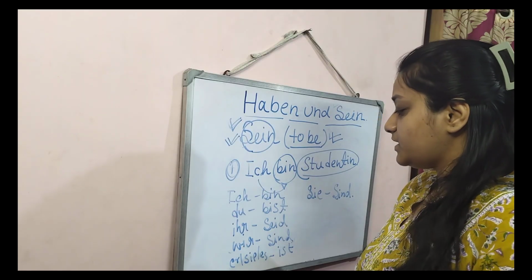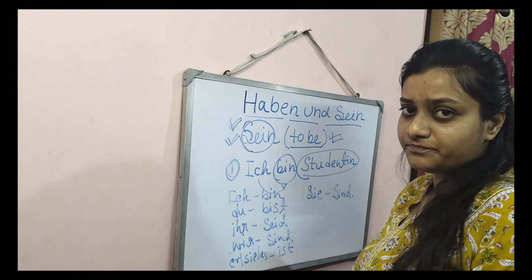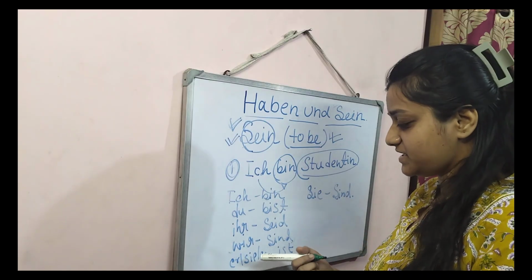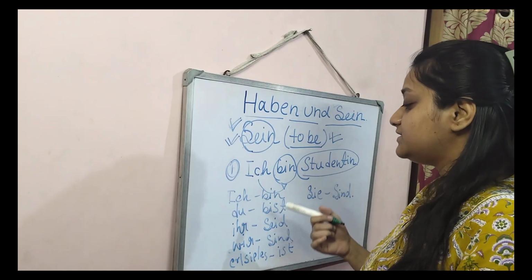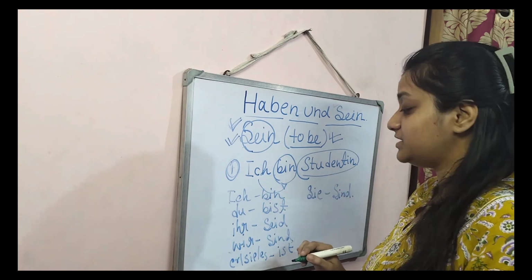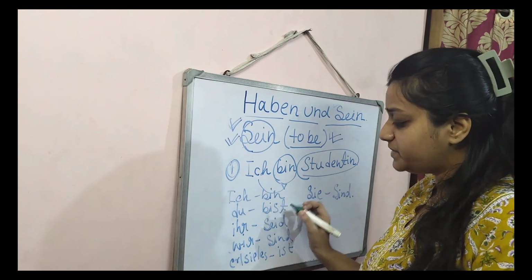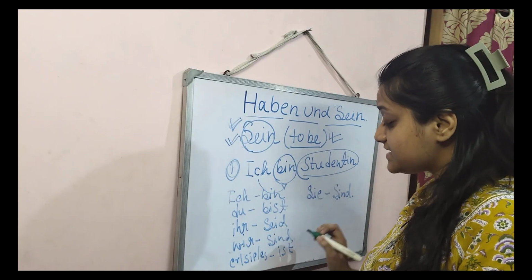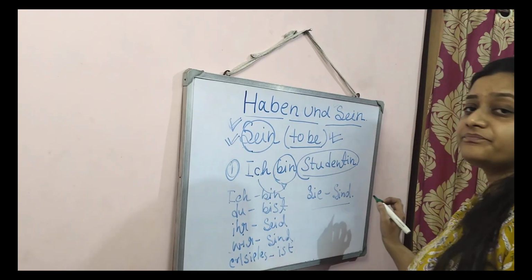So you know the conjugation, the verb changes according to the subject. Now see the structure: ich bin, du bist, ihr seid, wir sind, er, sie, es ist, and sie sind.